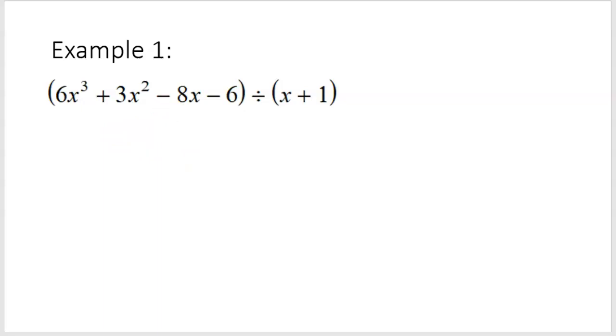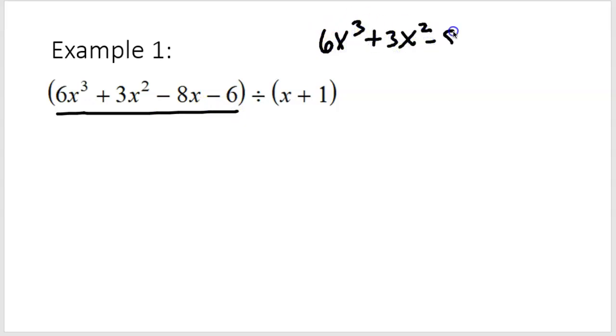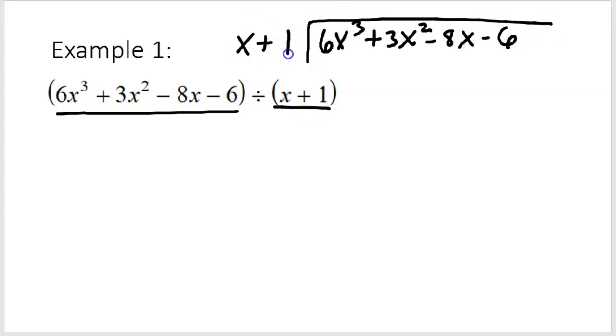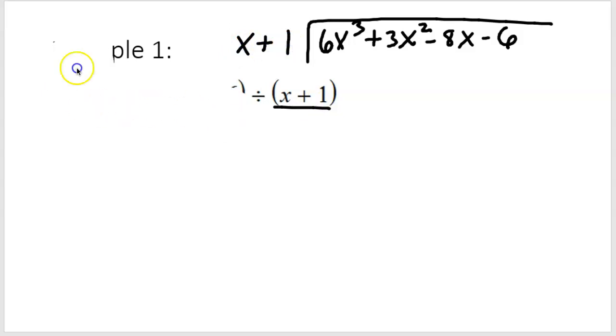So first thing we want to do is take the first polynomial, which is the dividend, and put that in the brackets. And then we're going to put the divisor, which is the second polynomial there, outside. All right? So that's your setup.